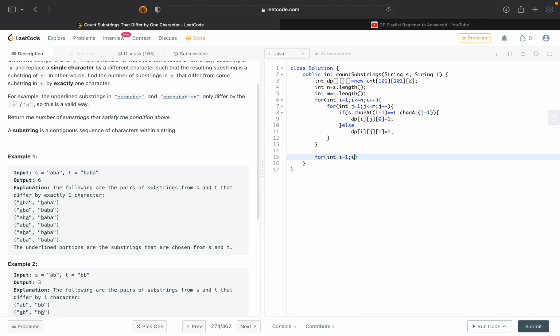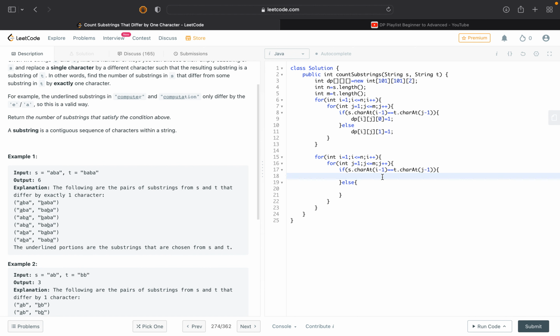Now I'll again apply this for loop, and now what I will check is if s dot charAt of i minus 1 is equal to t dot charAt of j minus 1. If this is equal, we will do something, or else we will do something else.